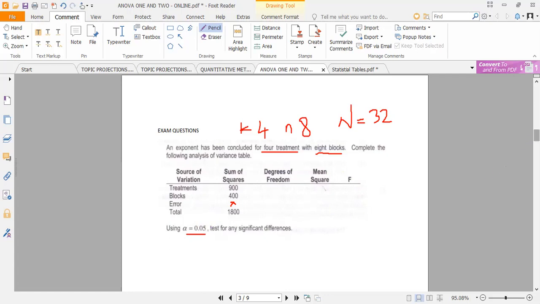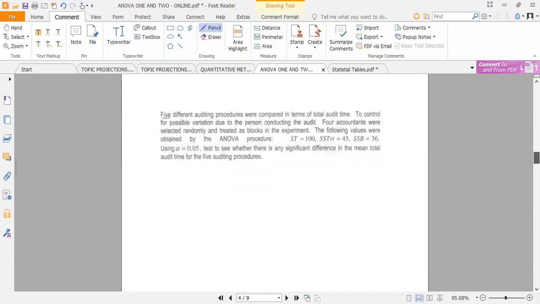I require this this week. Those of you in the evening class, this will be your homework. So I've told you what to do. The other one is the same. You're given sum of squares for total, treatment, and block. You're asked to set up an ANOVA table at 5%.